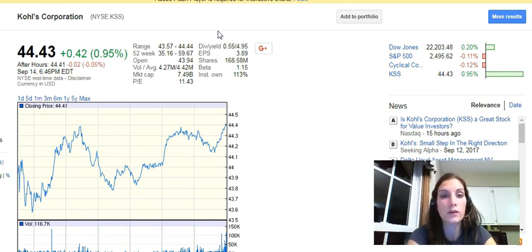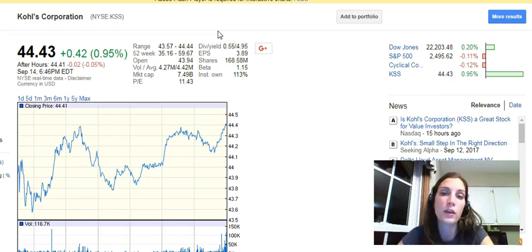So this one, Kohl's, gives a 55-cent dividend per stock that you own. So if you only own one stock, you're going to get 55 cents. But if you own 10 or 20 or 30, you'll get 55 cents times the number of shares that you have. And some companies pay this out quarterly, so 4 times a year, semi-annually, twice a year, or annually.